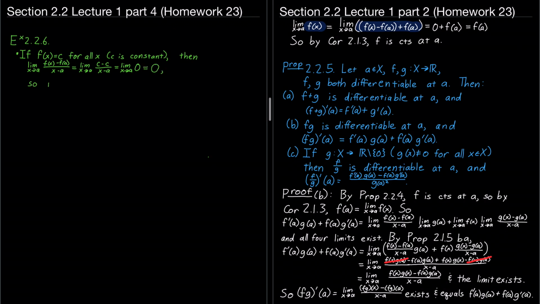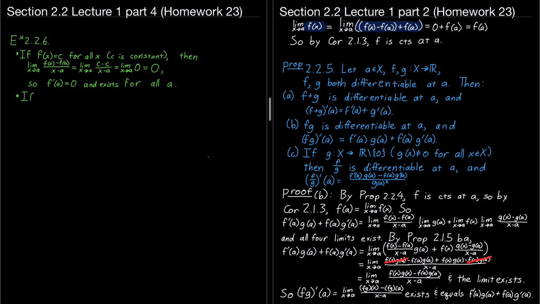So f prime of a equals 0 and exists for all a. So the derivative of a constant is 0. You all knew that, but that's not too surprising.